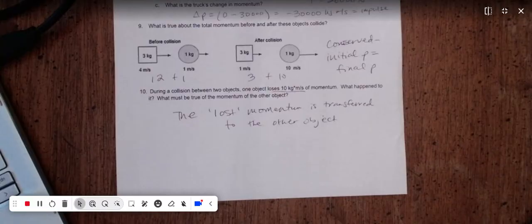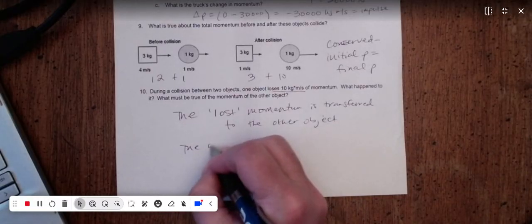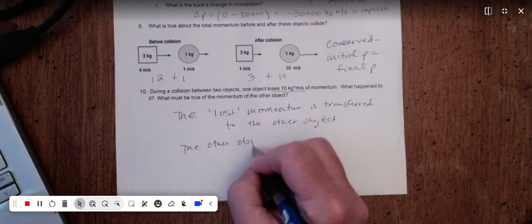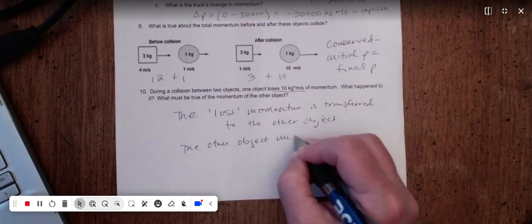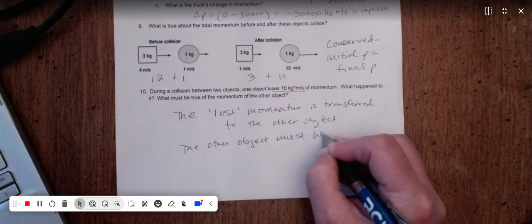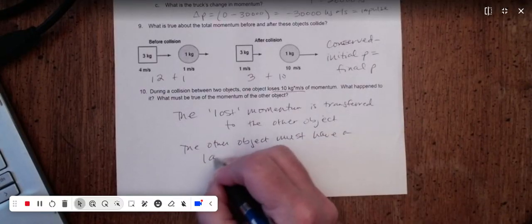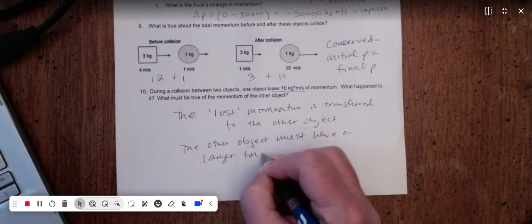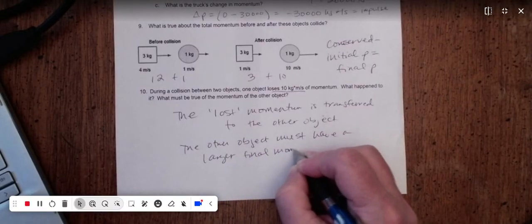Okay, and so the other object must have a larger final momentum.